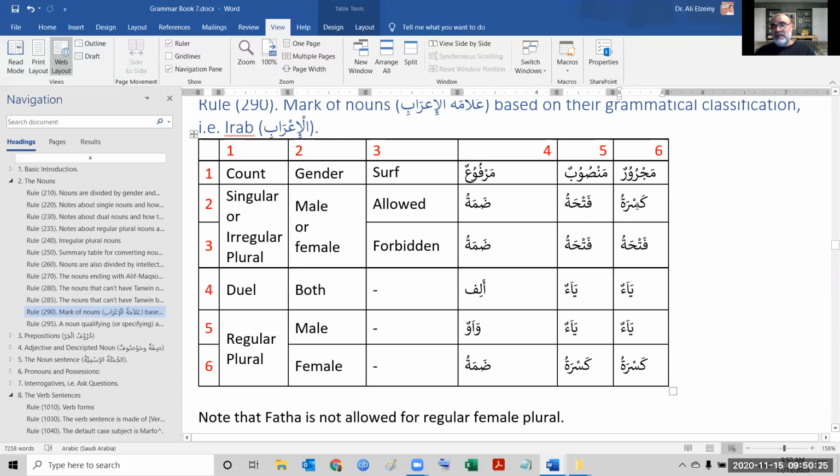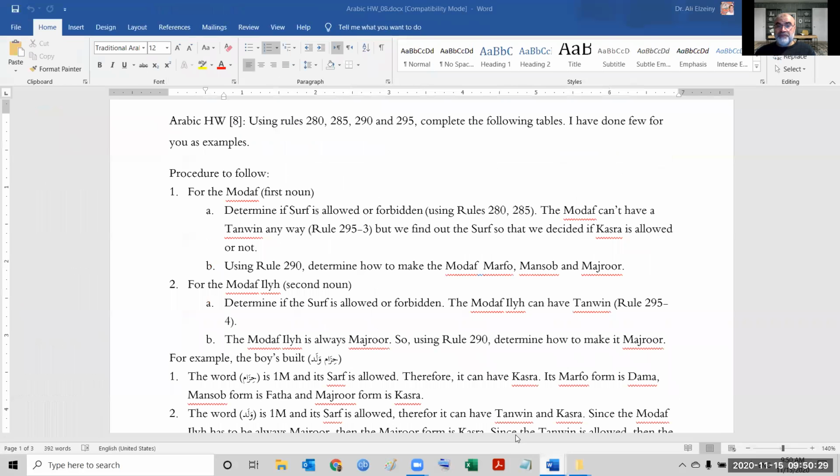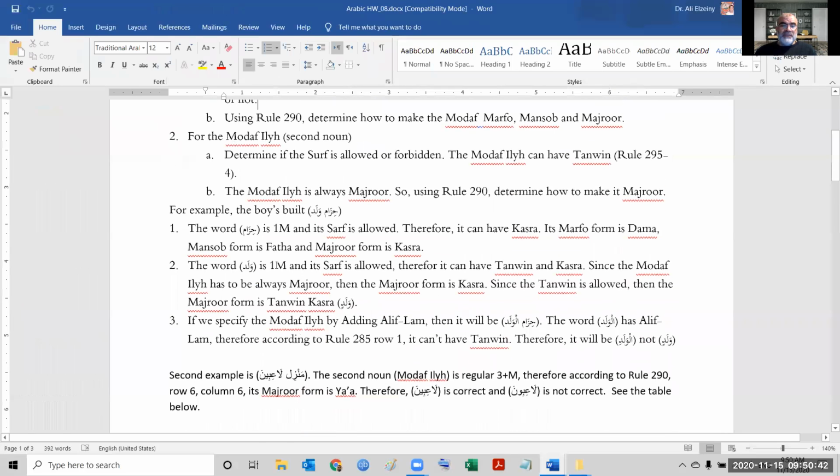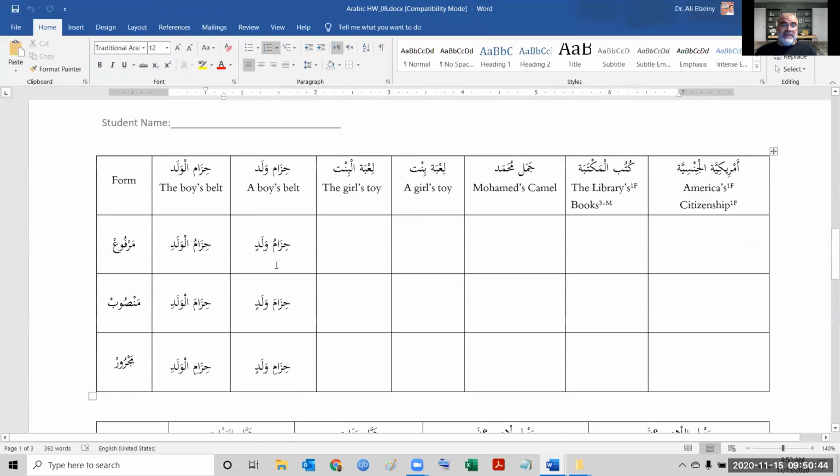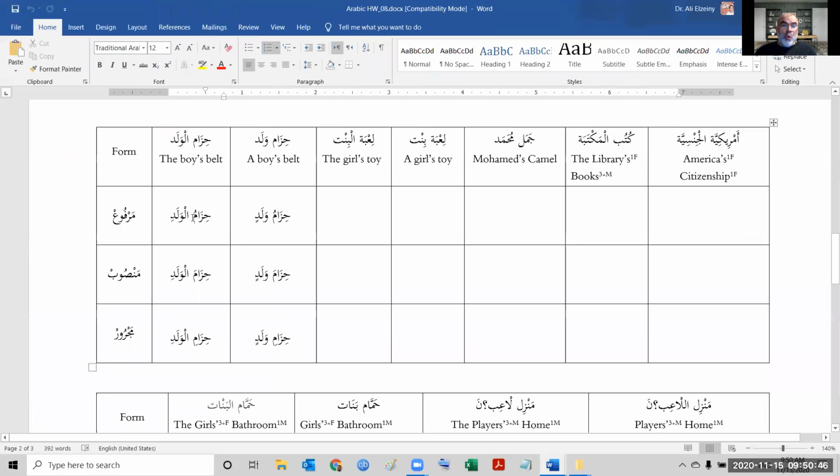So right now we determined it's dhamma, fatha, kasra. So we go back here to the homework, and we say, okay, we determined that for the word hizam, sarf is allowed. So it means that I can say hizamu for marfu', hizama for mansub, hizami for majroor.